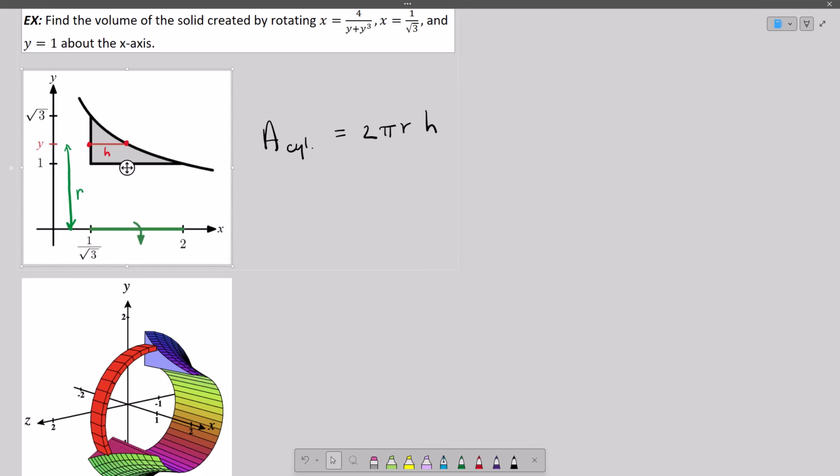This y coordinate is somewhere between 1 and square root of 3. It's variable though, right? If it happens to be right there, then the y value will be that. If it happens to be down here, the y value is 1. But it's a variable. It's general. So the radius is y. That is what that y is going to represent.